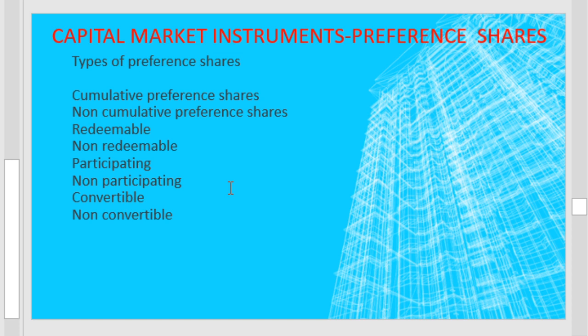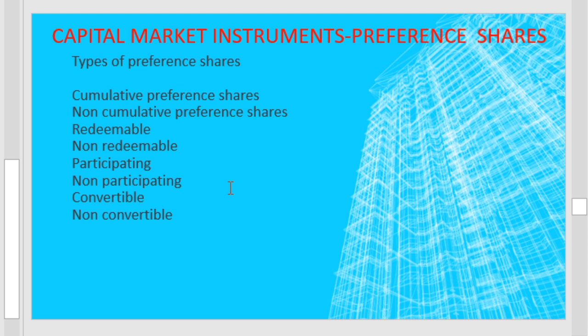Non-convertible preference shares are the next category, which cannot be converted into equity shares. These are the different types of preference shares.